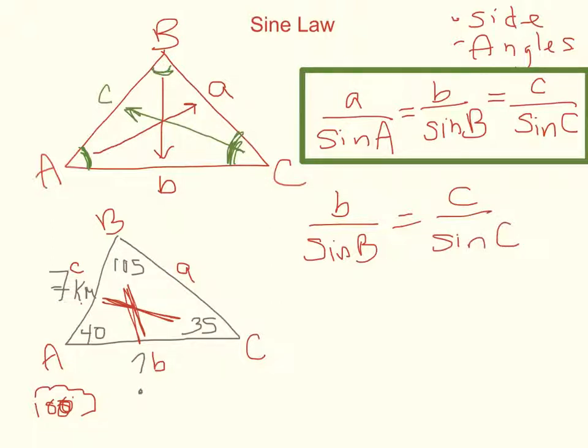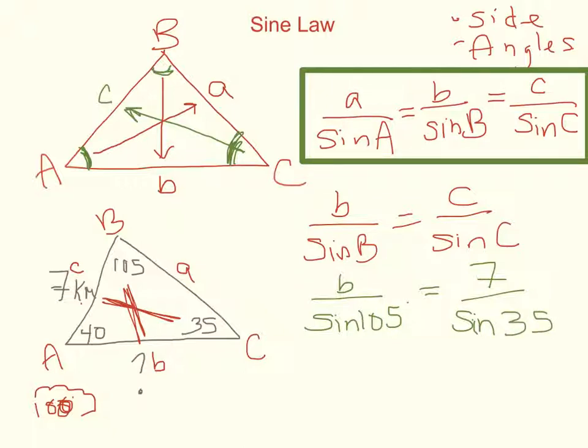Third step is substituting in the values for the variables. I'm going to try and write in another color so it doesn't squish. So we have B is unknown, but the angle B is 105 degrees. C is 7. And sine angle C is 35.